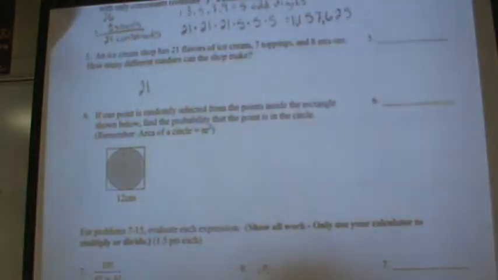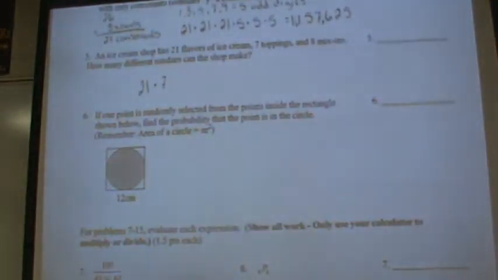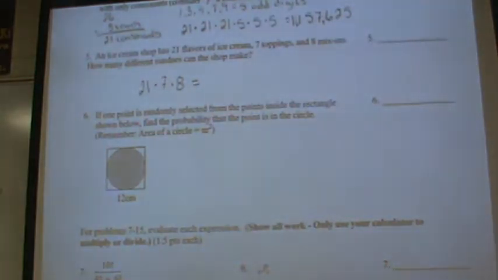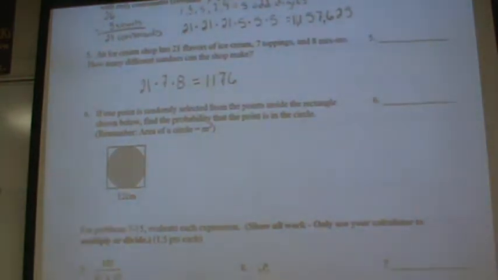So we have 21 different ice cream flavors, and then we have 7 different choices for toppings, and then we're multiplying by the 8 different choices for mix-ins. So you have 21 times 7 times 8, and that gives you 1,176 different sundaes.